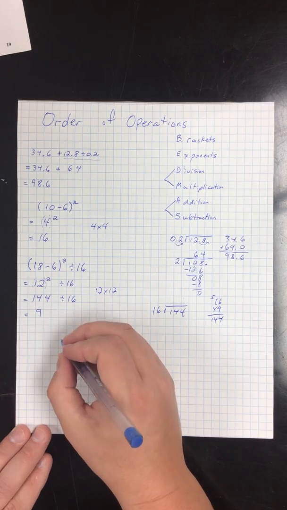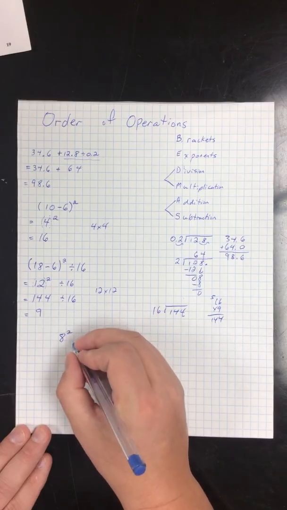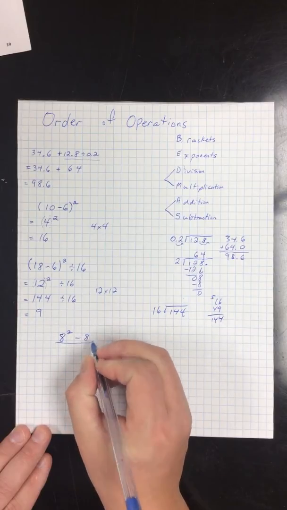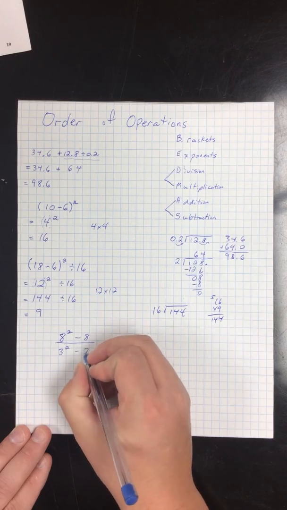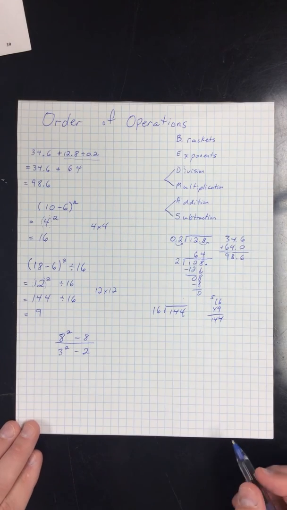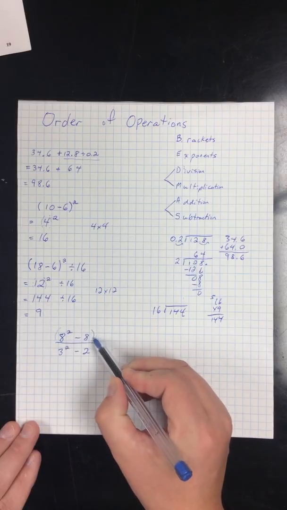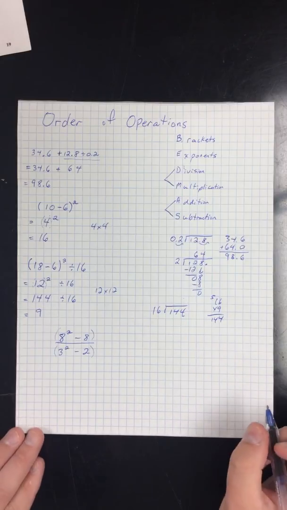All right, finally, what about a question that looks like 8 to the power of 2, subtract 8, I'm going to write it like a fraction, over top of 3 to the power of 2, subtract 2. When we see questions written like this, there are brackets assumed to be around the top and around the bottom, around the numerator and the denominator.